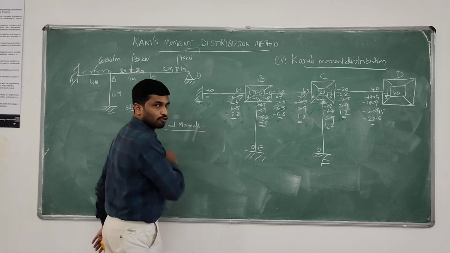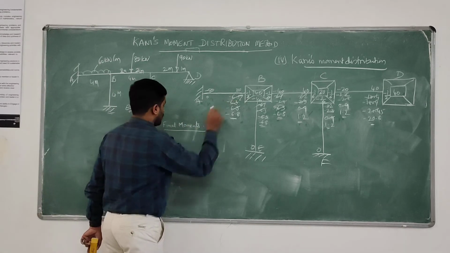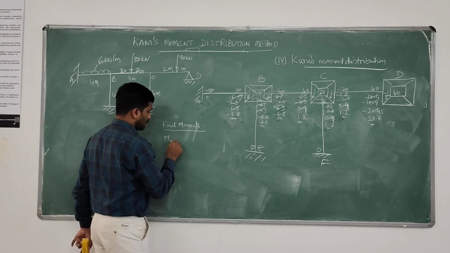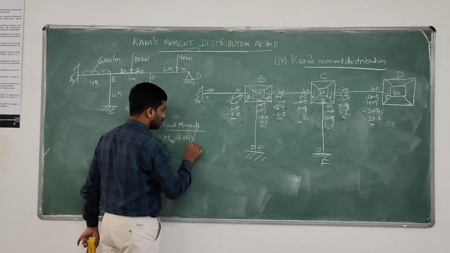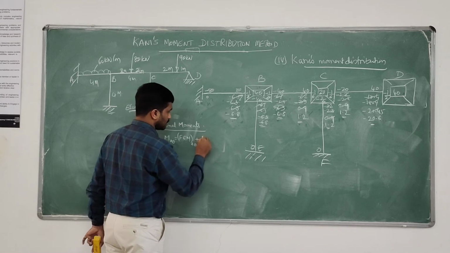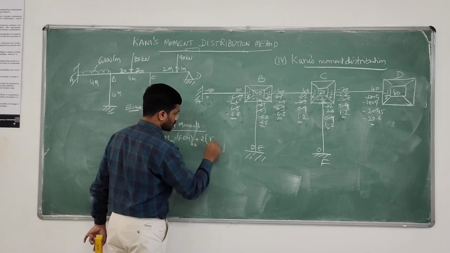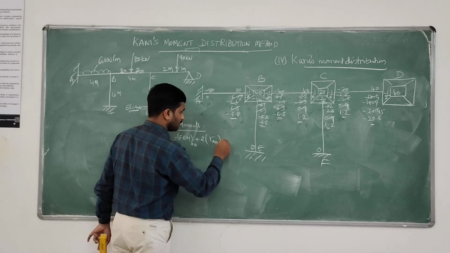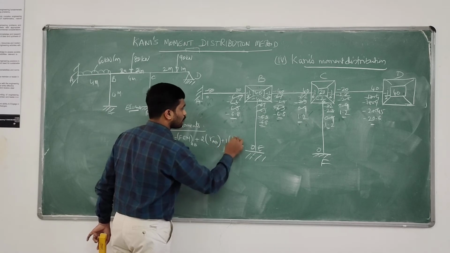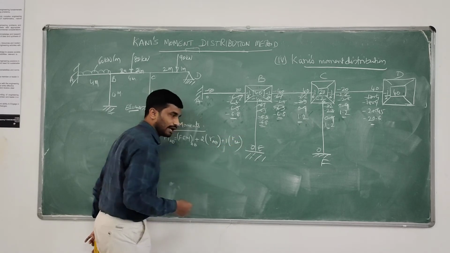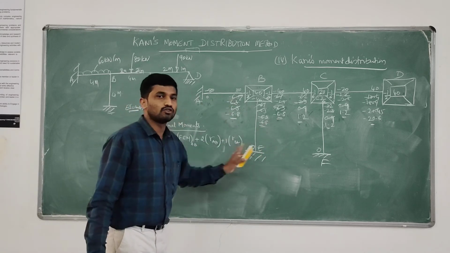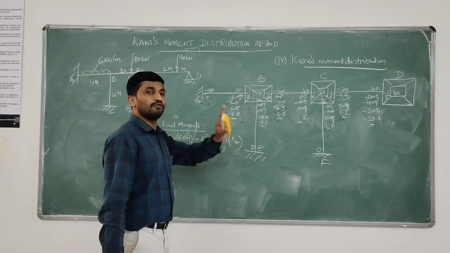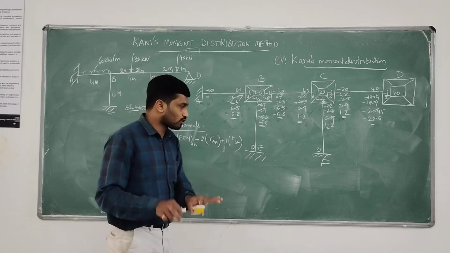First MAB. MAB equals FEM at AB plus 2 times the rotation contribution of AB plus 1 time the rotation contribution of BA plus the sway contribution. Here it is a non-sway frame, so we ignore the sway contribution and consider only rotation contribution.